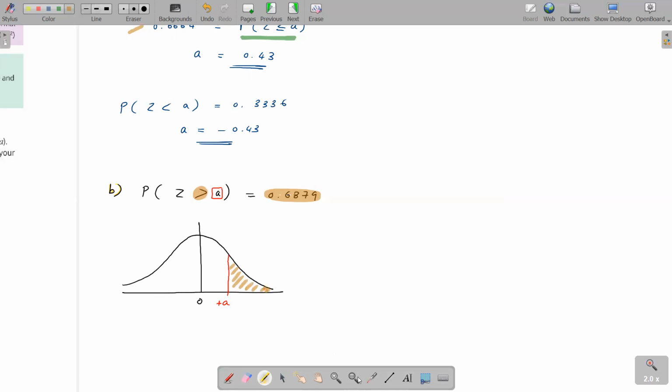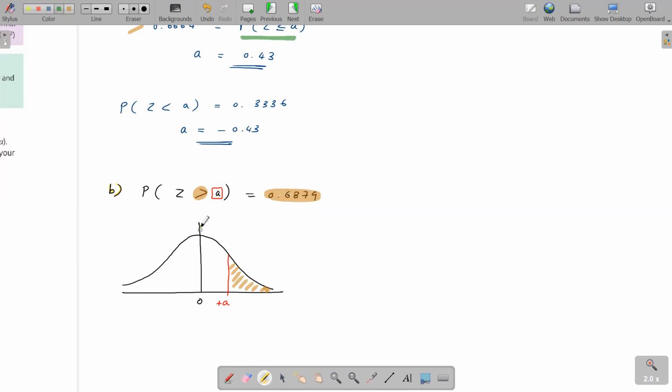Do you guys agree? Now you need to ask yourself the question, does this area correspond to 0.6879? You know very well that 0.6879 is an area that is more than half. So does it look like an area more than 0.5, or does it look lower than half?